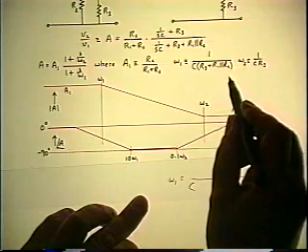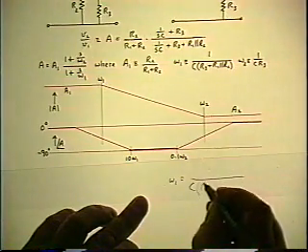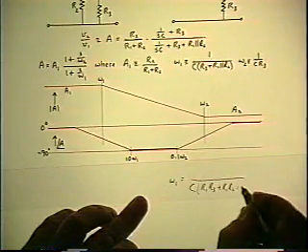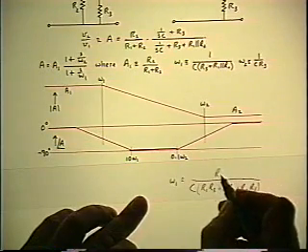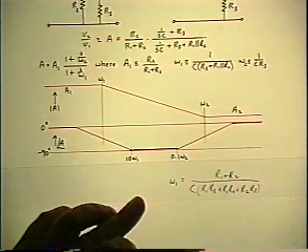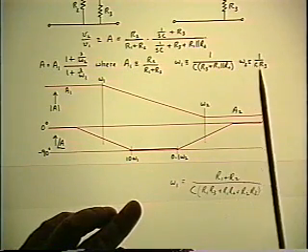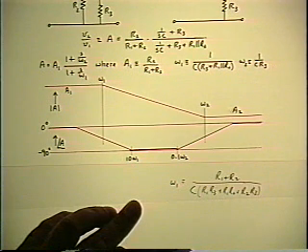Parallel combination of R1 and R2 would be product over sum, and then you cross multiply, and you'd get R1, R3 plus R1, R2 plus R2, R3, and in the numerator we would have R1 plus R2. So if you look at that and compare it with the omega 2, it is no longer obvious which one is lower.